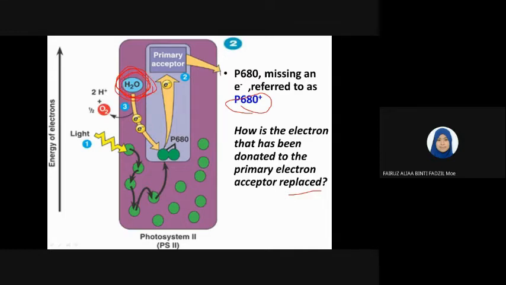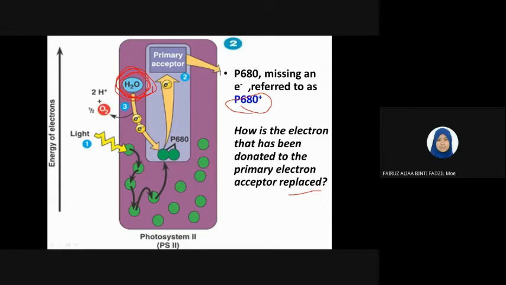So water is required in the light reactions to refill or replace the electrons missing in the P680 plus. You see in this diagram here, the H2O will be split. A process called photolysis of water will occur after this.